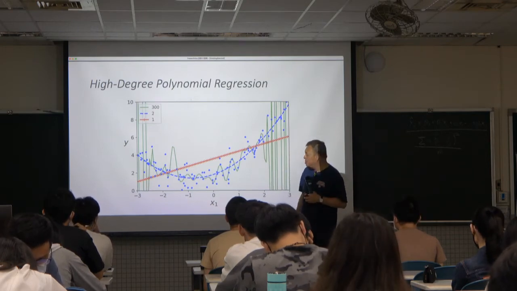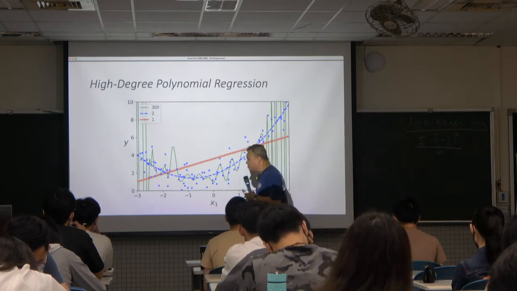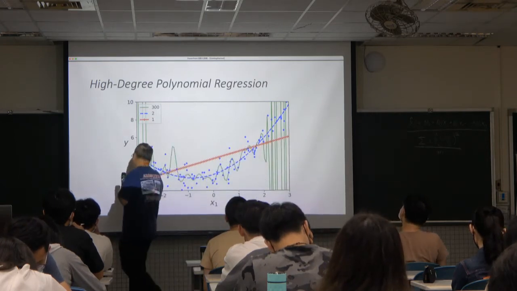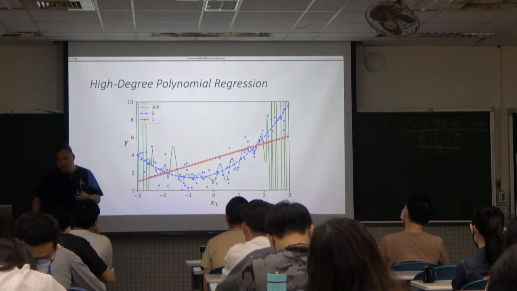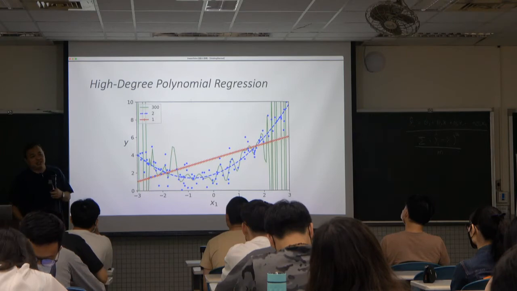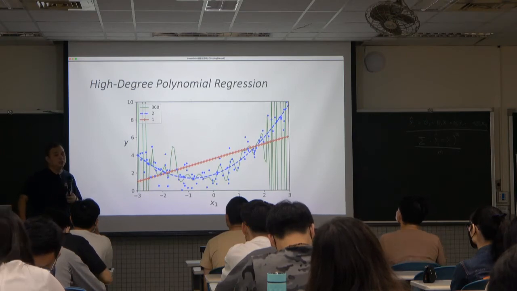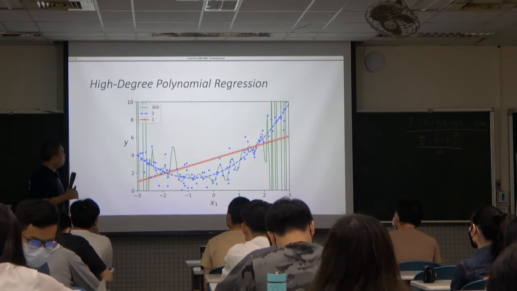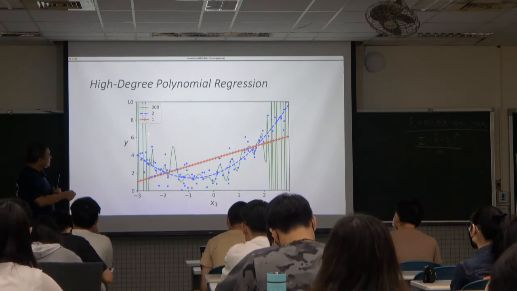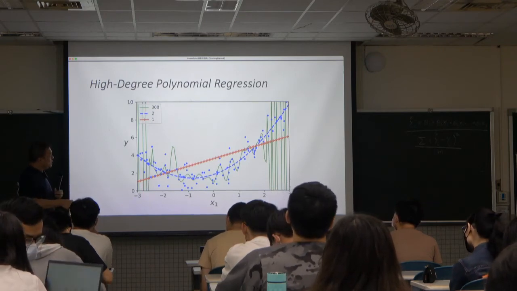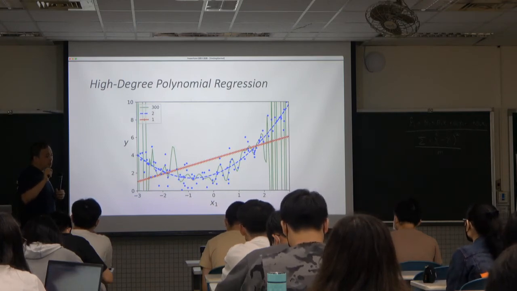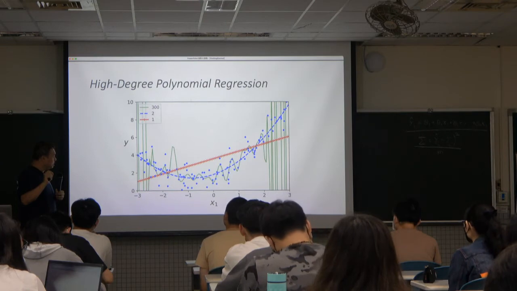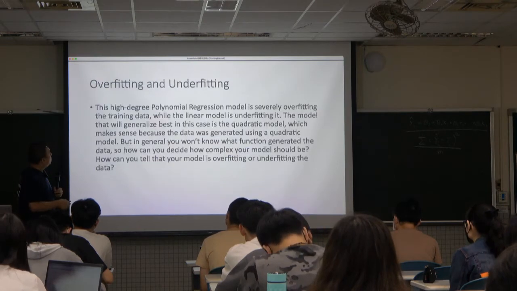But if you use a model with 300 degree, it picks up not only the trend but also that noise, which shouldn't be considered part of the trend of the data. When the model captures not only the trend but also the noise of the data, we call this overfitting.